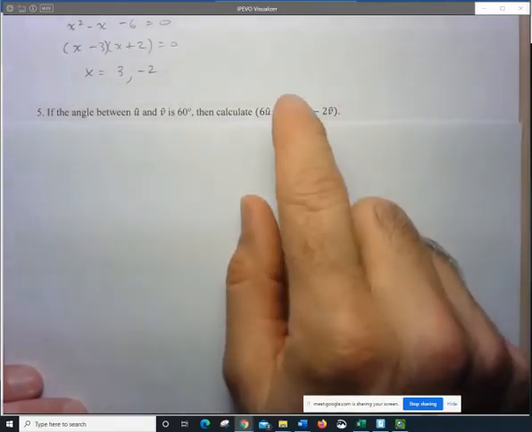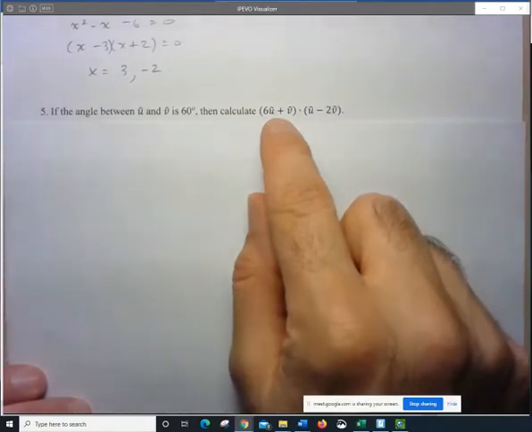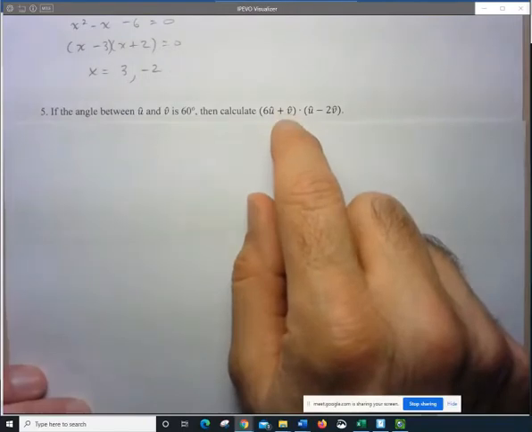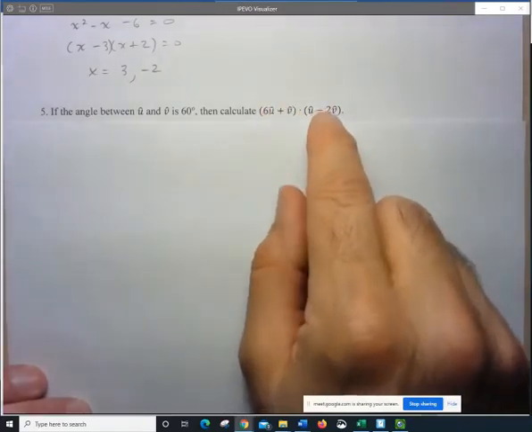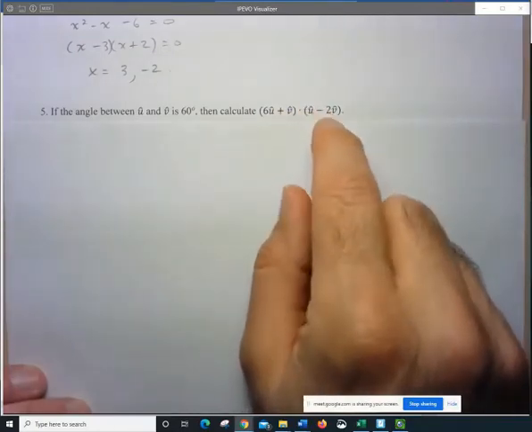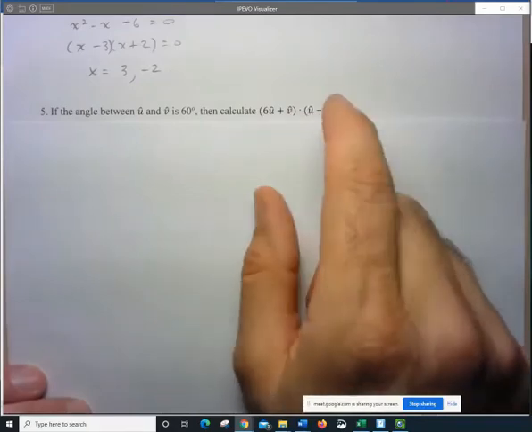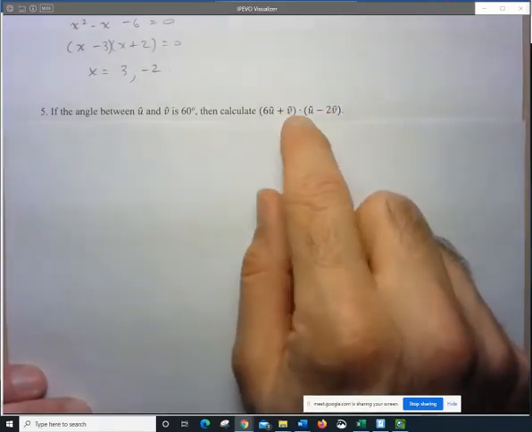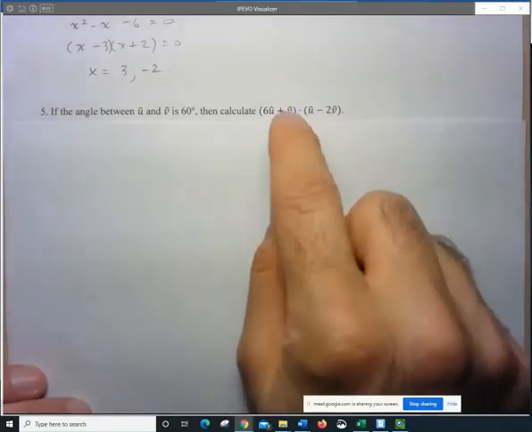So what I want you to do is use the fact that we determined all those characteristics about the dot product, in particular, that it's distributive, okay? And because it's distributive, it means that you can simplify this expression, which is the dot product of two sums, or sum and difference. Difference is just like a sum, okay? And you can essentially distribute this the same way that you could distribute two binomials.